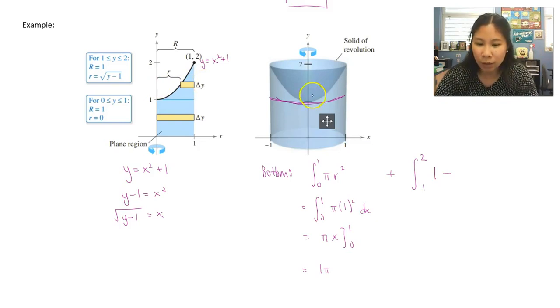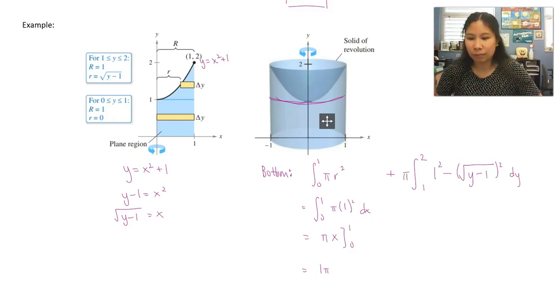Minus the inside curve, which we said in terms of x was the square root of y minus 1. So then the radius is squared. So using our formula. And then dy instead of dx because we're dealing with y variables now. But pretty much the same.